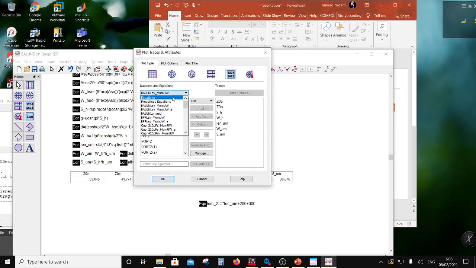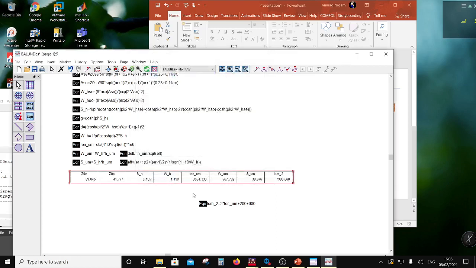So equations: around 8000 micron or 8 mm is the length of the line which I am going to draw. The width is going to be 365 or 67, doesn't matter, and then I will draw a coupled line. So let's go ahead and do that.